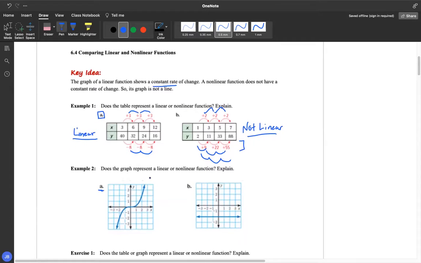So let's see. Example 2 says, does the graph represent a linear or nonlinear function? And then explain. So Alina, you wanted to try A. What do you think? Is this linear or nonlinear? I think it's nonlinear because it's not a line.